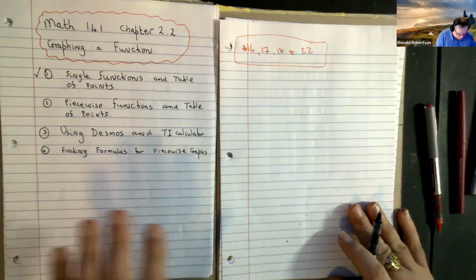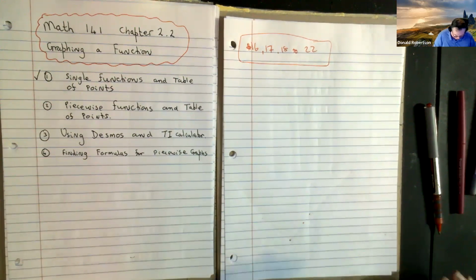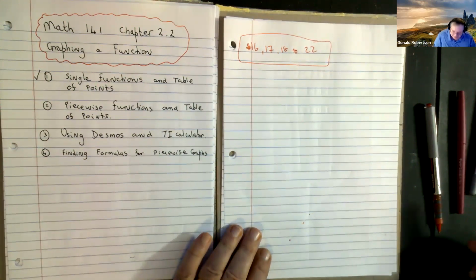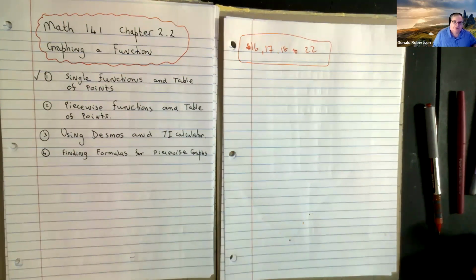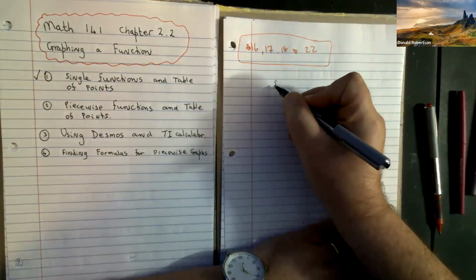Now, we are going to be given a piecewise function, and we are going to sketch it. And we're going to do it with the table of values. So let's pick one of my own.